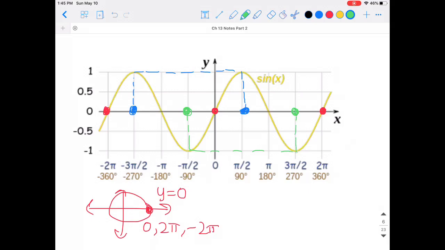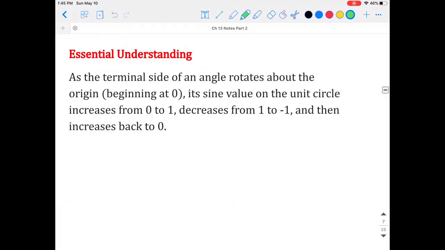So these points are going to match up exactly whether it's graphed out as a sine curve or if it's graphed out on the unit circle. An essential understanding for this section: as the terminal side of an angle rotates about the origin beginning at 0, its sine value on the unit circle increases from 0 to 1, decreases from 1 to negative 1, and then increases back to 0.